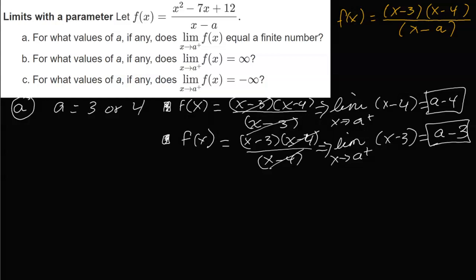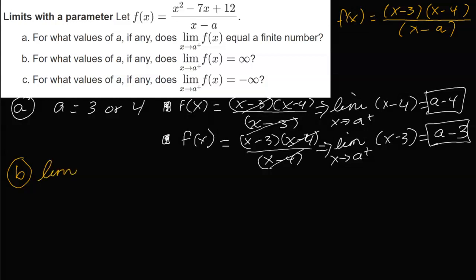Okay, so part B, we want the limit as x goes to a to be positive infinity. So how does that happen?